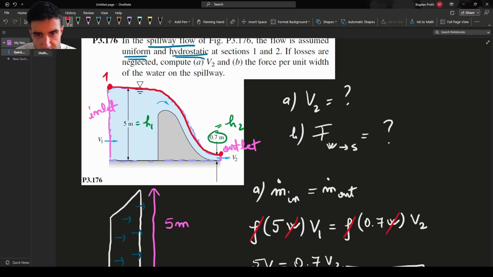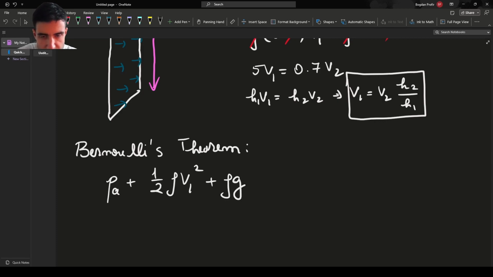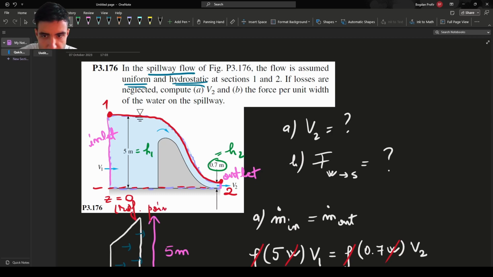So this is point 1, this is point 2, and we know that at point 1 we have atmospheric pressure, so that's our static pressure, plus 1/2 rho V1 squared, plus rho g z1. If we're using the bottom as the reference point, this is my z equals 0, my reference line.